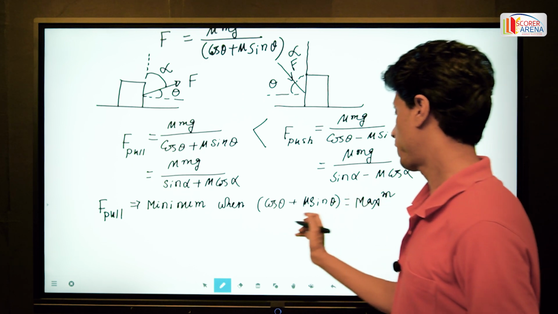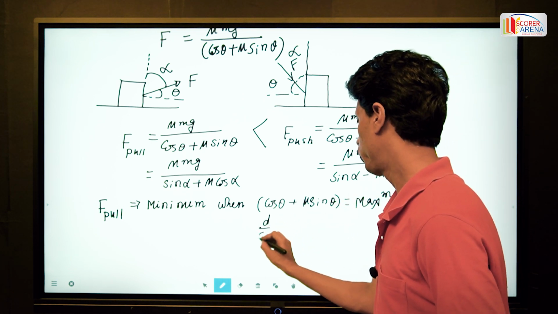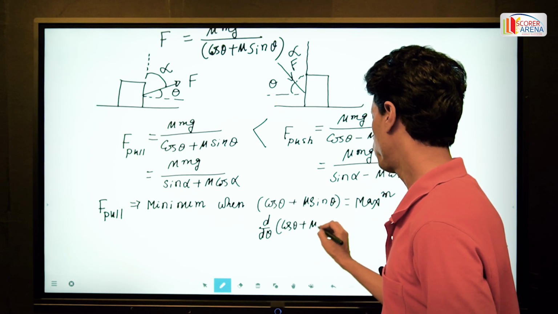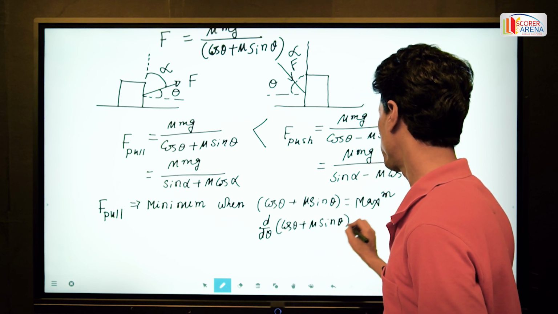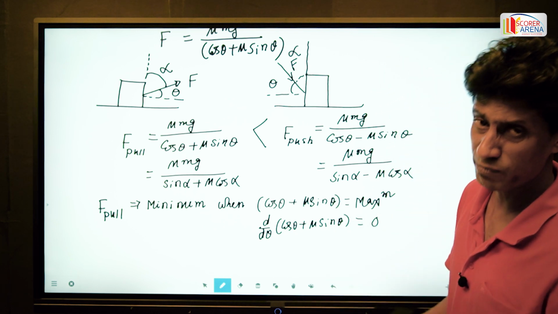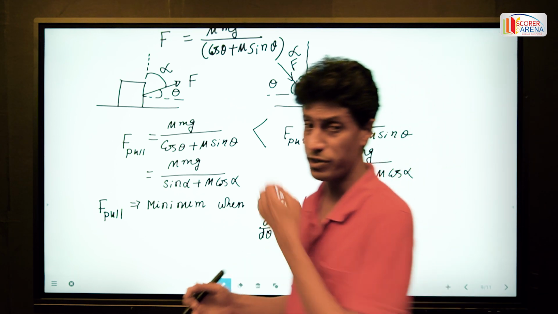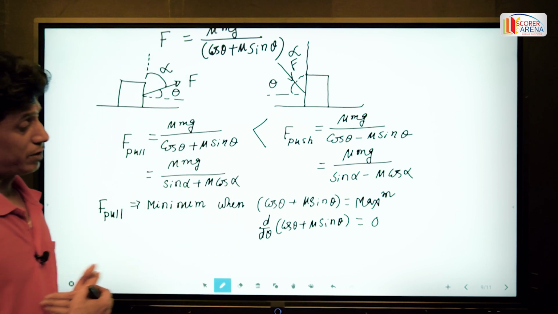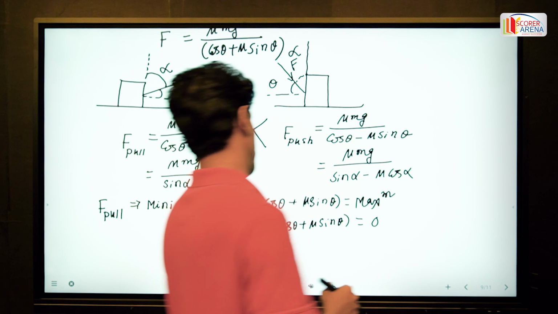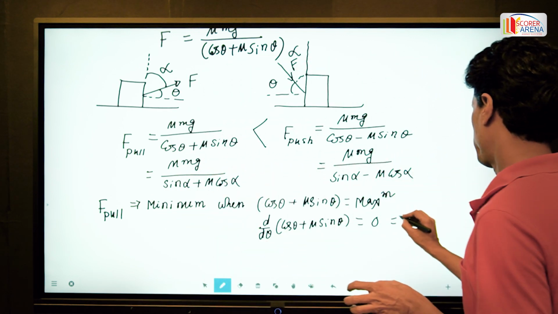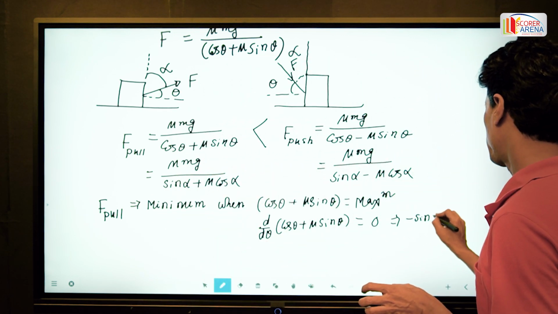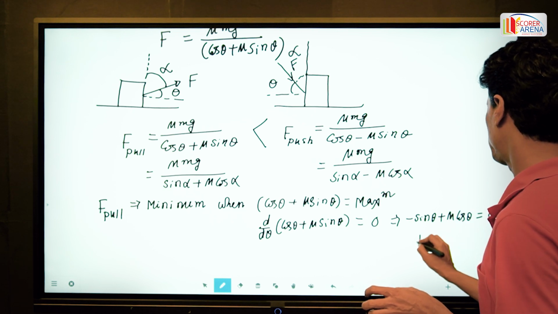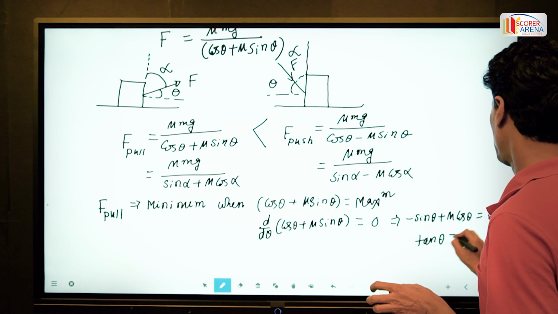And you know, for a maximum, differentiating this value d/d theta of cos theta plus mu sin theta, we can say it is 0, because at any maximum or minimum the derivative is zero. So by the principle of maxima and minima, it is minus sin theta plus mu cos theta equal to 0. So tan theta is equal to mu.